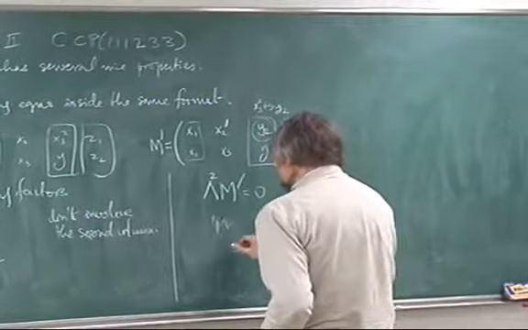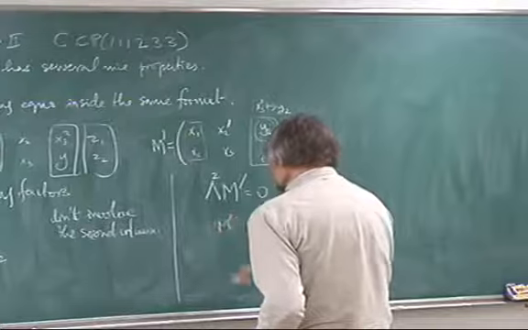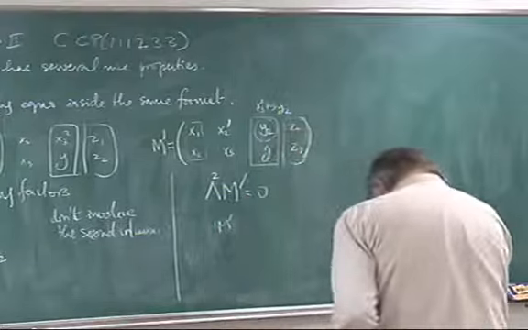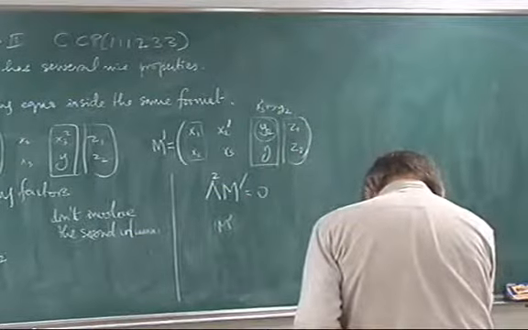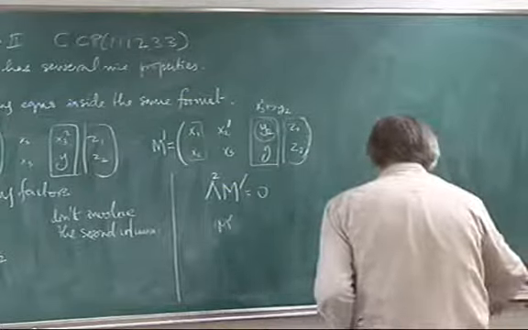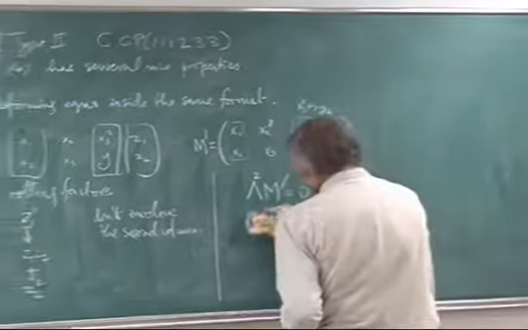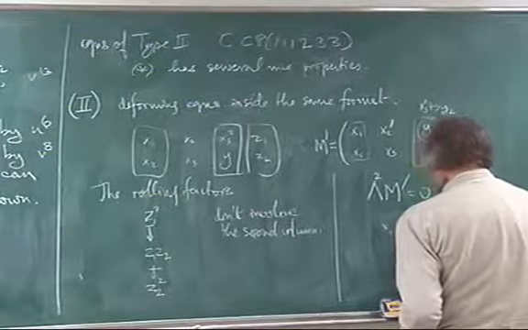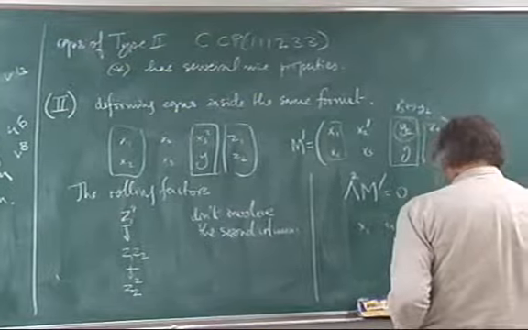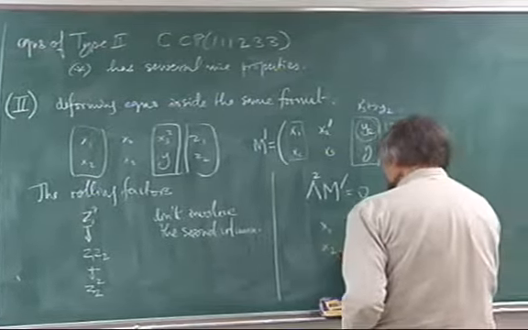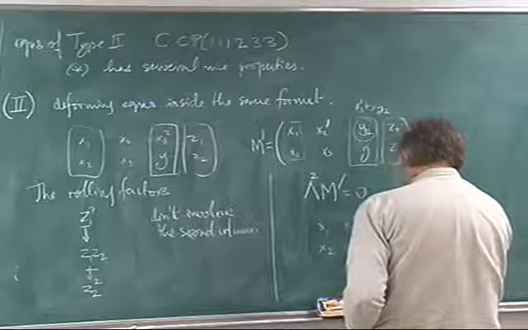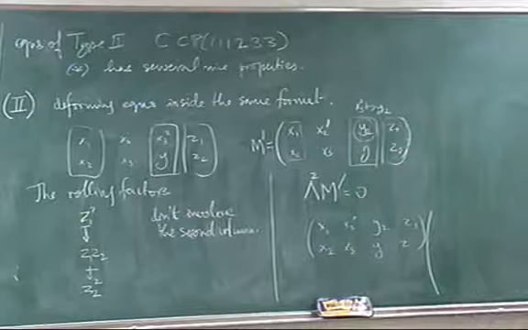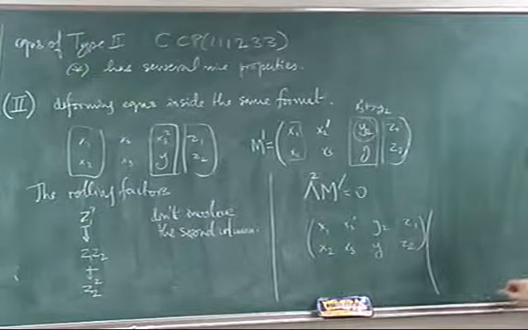So let me write this as, how do I want to do it? M primed, x1, x2 primed, y2, z1, x2, x3, y, z2. So I want to see z1 squared.